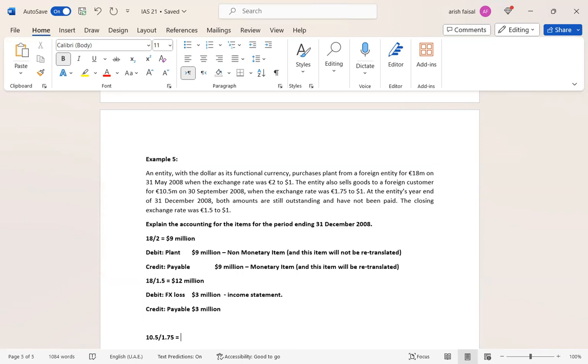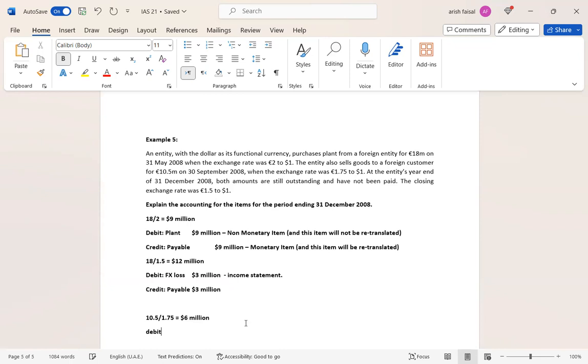This will give me in dollars 6 million. So debit would be your accounts receivable with the amount of 6 million, and credit will be sales revenue with the amount of 6 million.